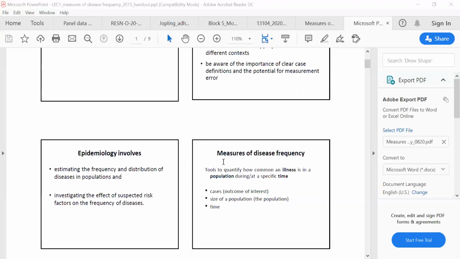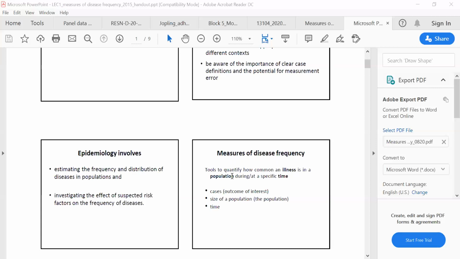So in terms of measures of disease frequency, why do we need them? We use these tools to quantify how common an illness is in a population during a specific period of time. But to be able to do that, first we need to know what we are measuring.